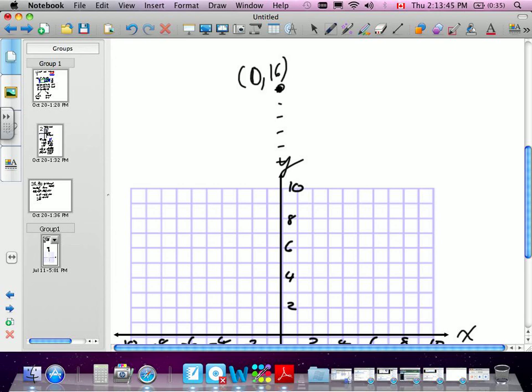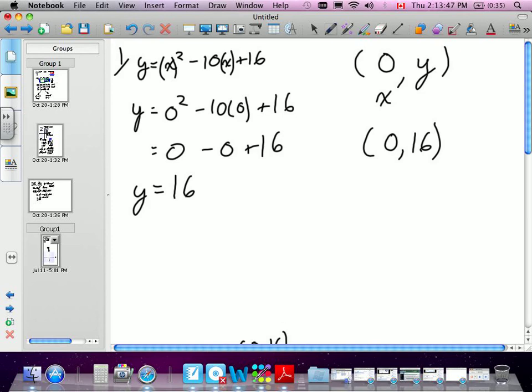The next thing it asked you was the X intercepts. For X intercepts, we need to go into factored form. So we take our standard form and we factor it. Take the factors of the first terms and the factors of the last terms, and it's got to add up to negative 10.